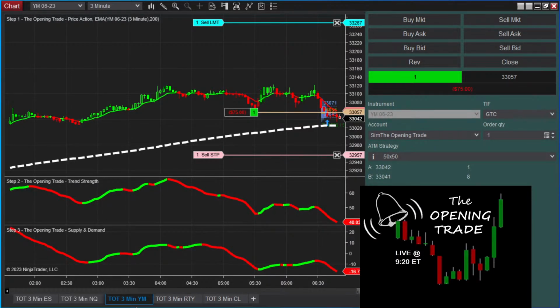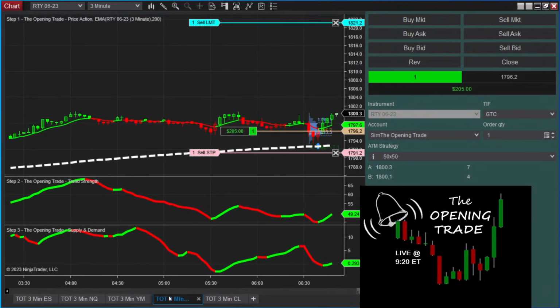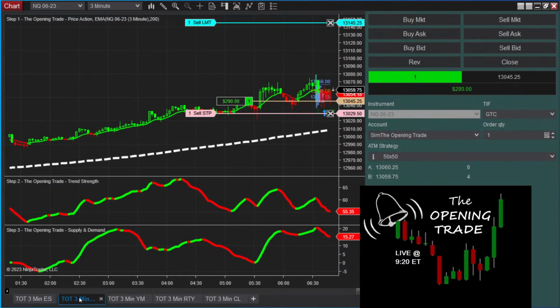The Dow is taking a turn apparently. Russell's looking alright. Hoping to see a giant candle here in the NASDAQ.